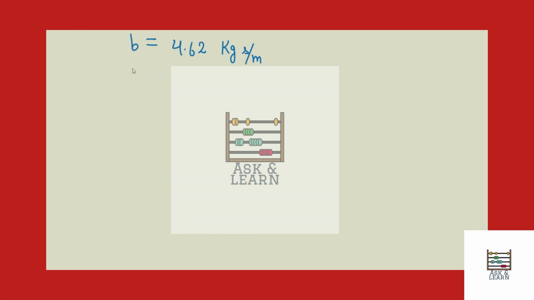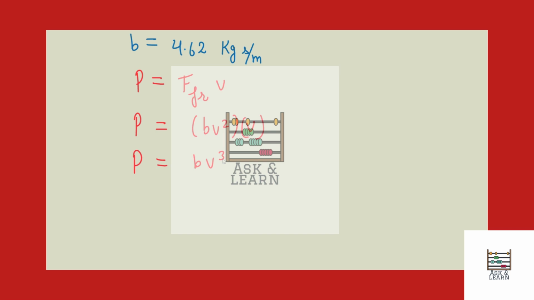Now here the power dissipated by the frictional force is given by P equals F_fr multiplied by v. So we can write this as P equals b multiplied by v square multiplied by v. So we get power, that is P equals b multiplied by v to the power 3.